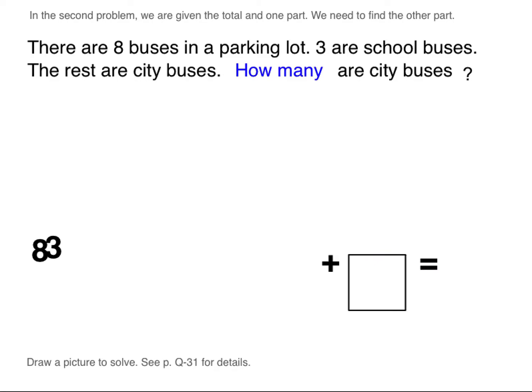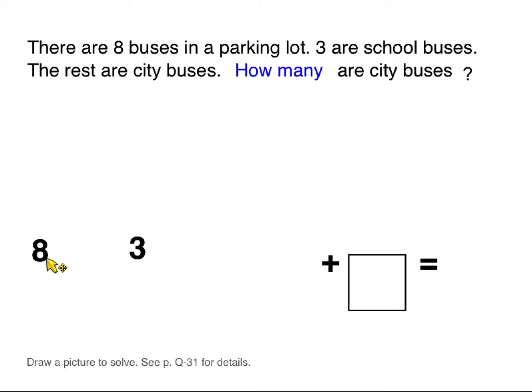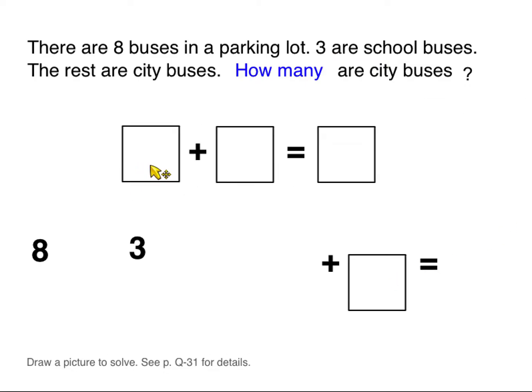All right, here we have our first word problem. There are 8 buses in the parking lot. 3 are school buses. Okay, here we have our 2 numbers. The rest are city buses. So we have the 2 numbers, 8, 3, and we have a box. So there are 8 buses in a parking lot. 3 are school buses.